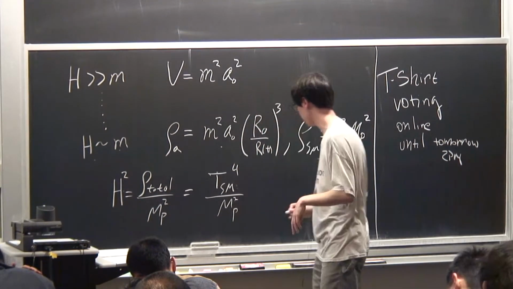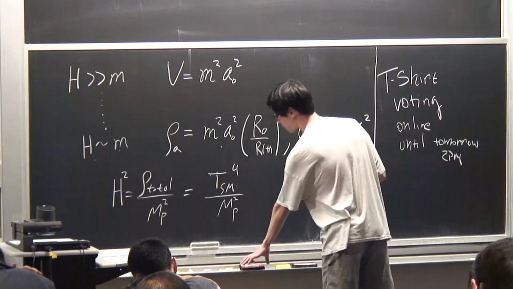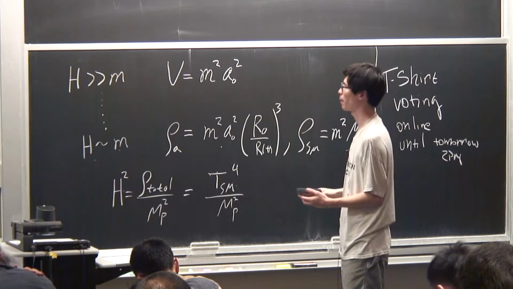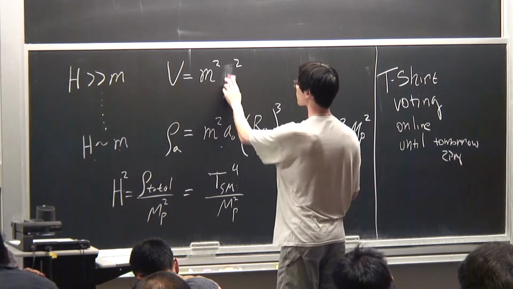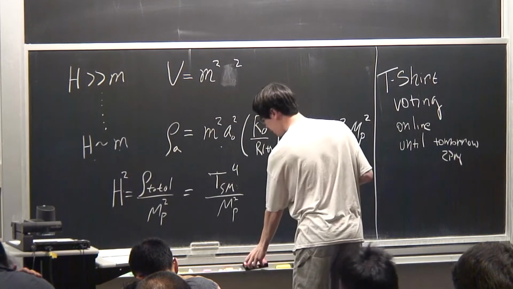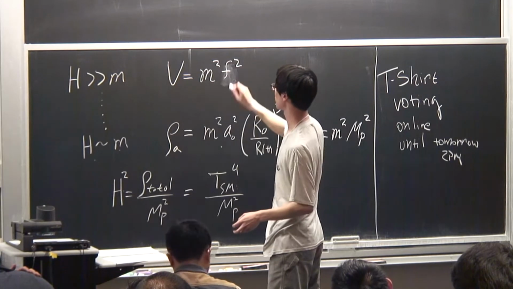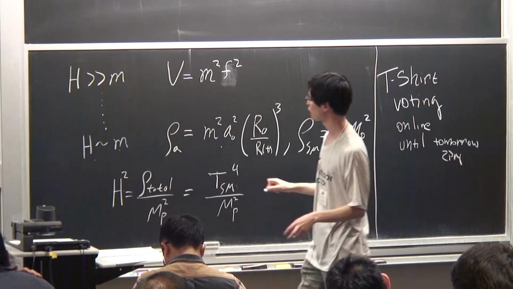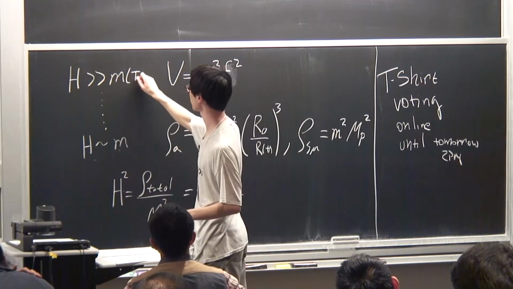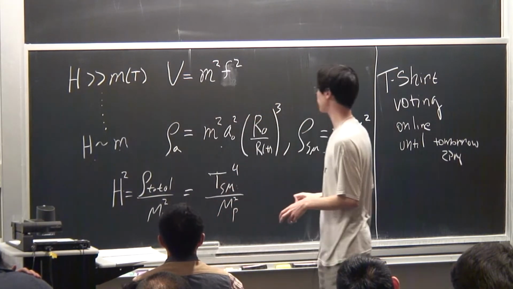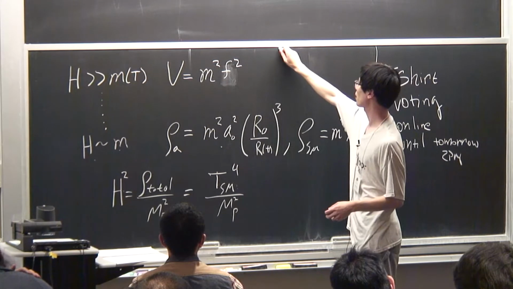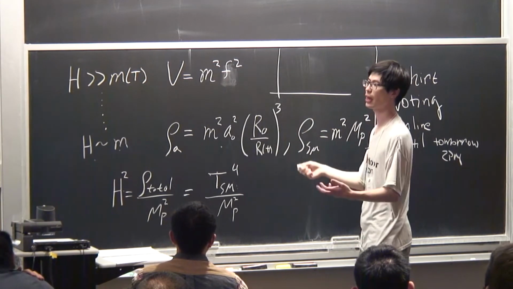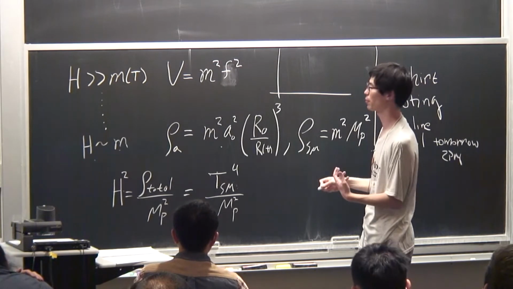So as I mentioned before, people like taking A naught to be F. So let's put this F squared m squared of T. I'll actually describe a little bit later how to do it, but let's just see how the mass of the axion depends on temperature.